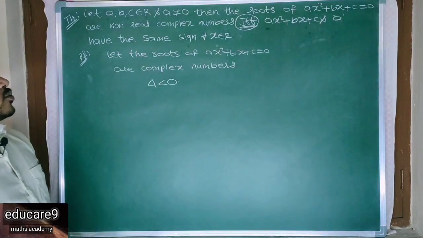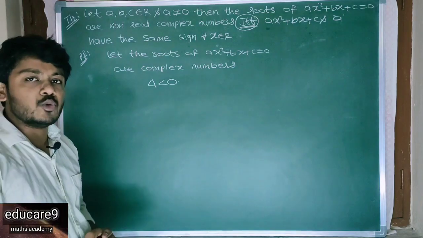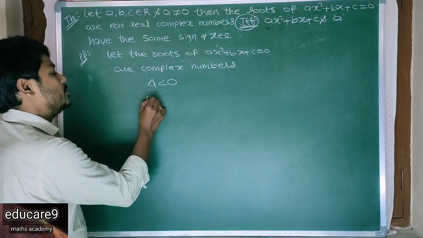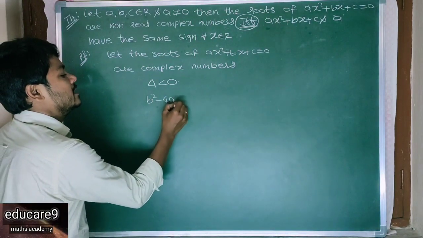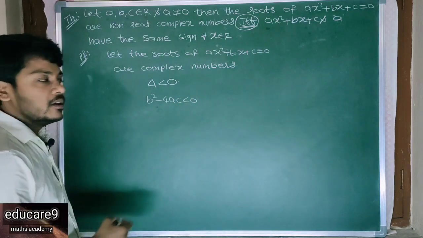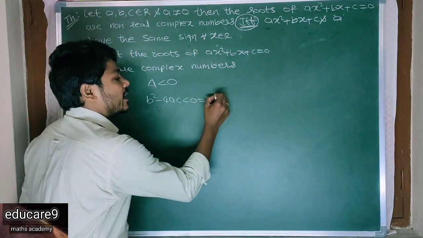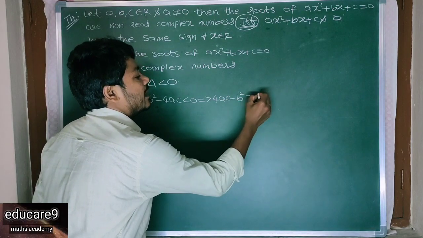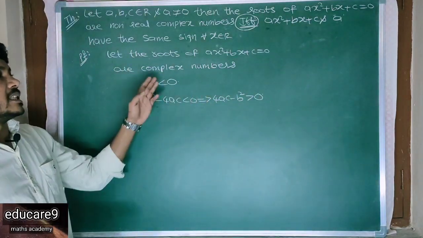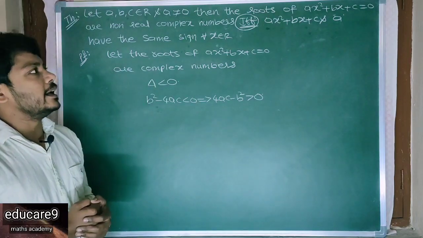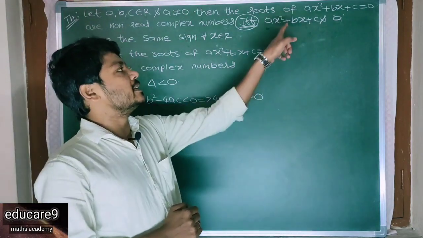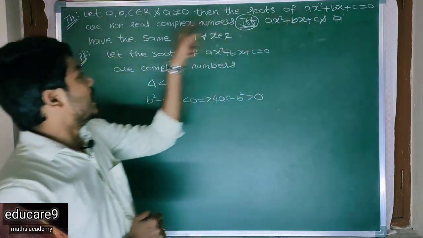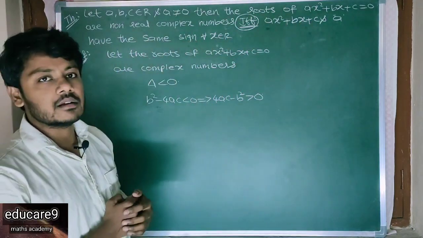So here delta is what? b square minus 4ac. So b square minus 4ac is less than 0. From this you can write 4ac minus b square is greater than 0. So this is the given thing. And here you have to prove the expression and a have the same sign.